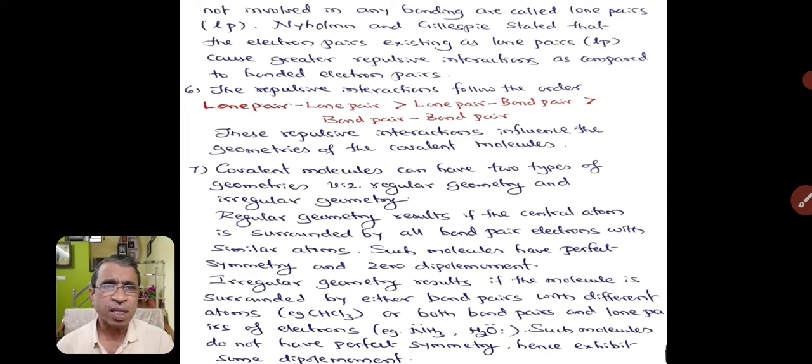Irregular geometry results if the central atom is surrounded either by bond pairs with different atoms, like chloroform CHCl3, or by both bond pairs and lone pairs of electrons, for example water, ammonia, etc. Such molecules do not have perfect symmetry, hence exhibit some dipole moment.